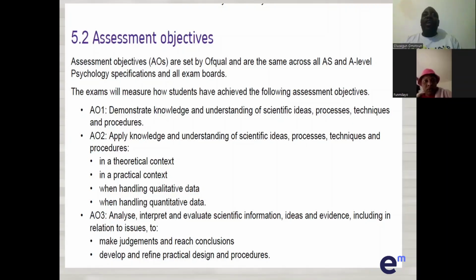Now, that question looks abstract. But the essence of that question is that it wants to see your understanding of the principle or the concept of reinforcement. Because the smile of Mike brought about a response in Gabriel.